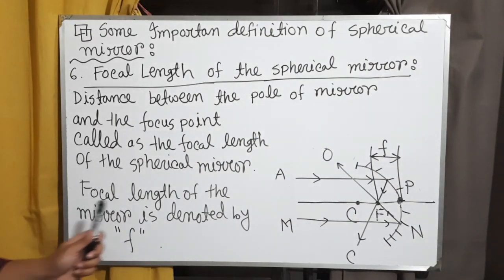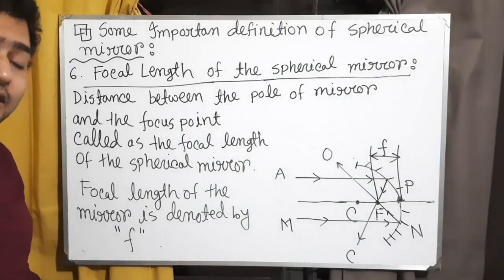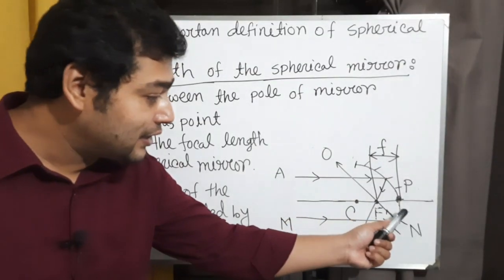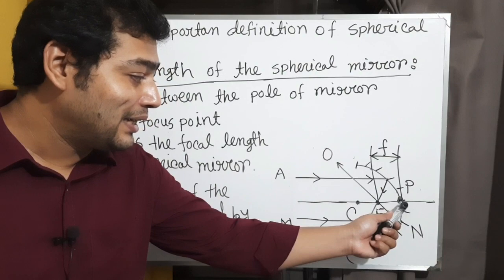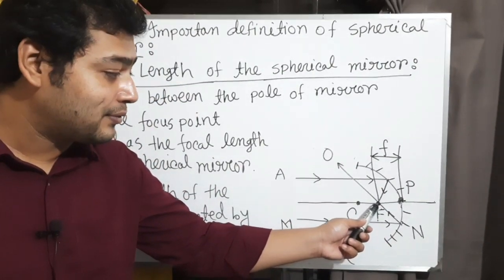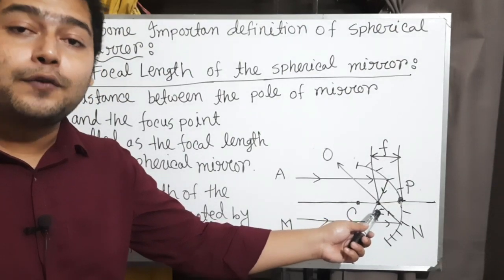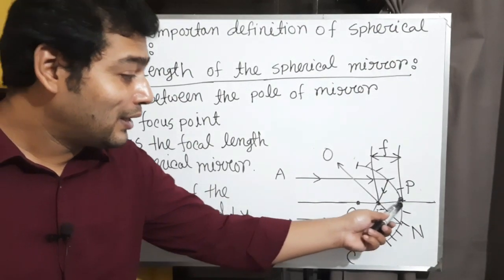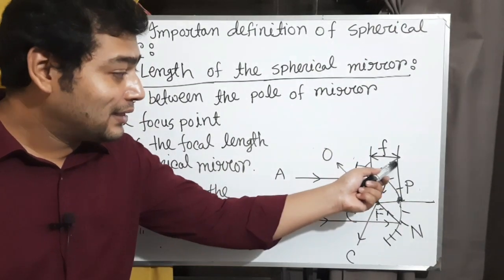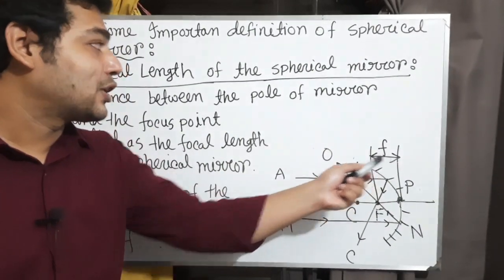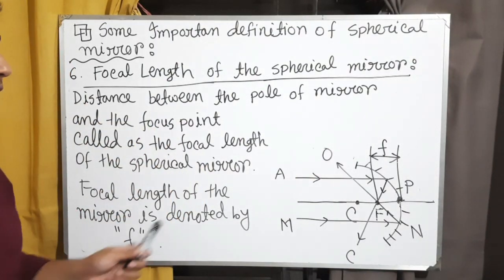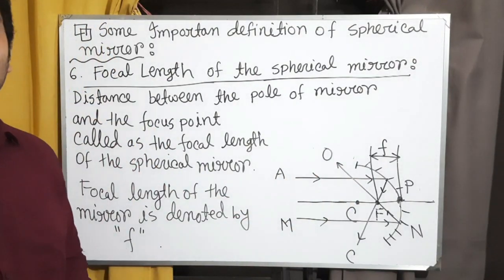The focal length is denoted by small f. Here in the figure you see that P is our pole and capital F is our focus point. The distance between them is our focal length, denoted by small f.